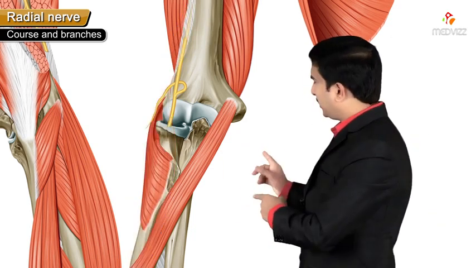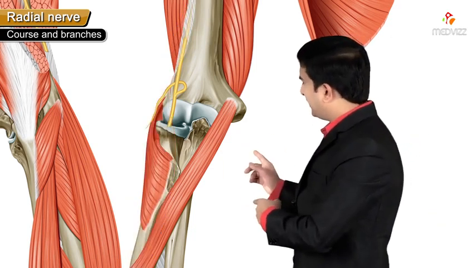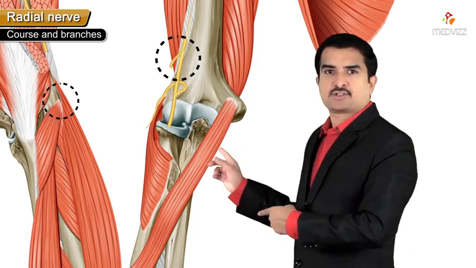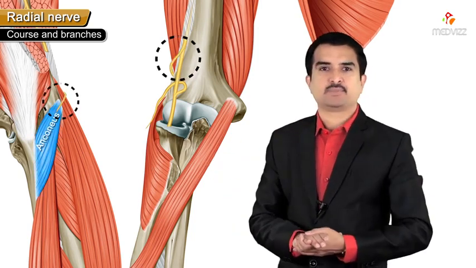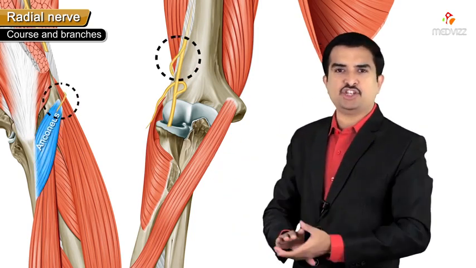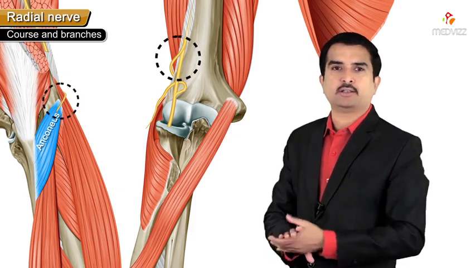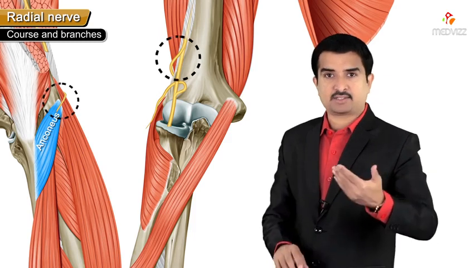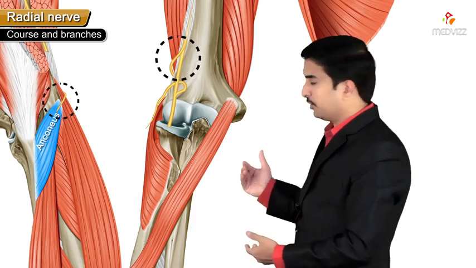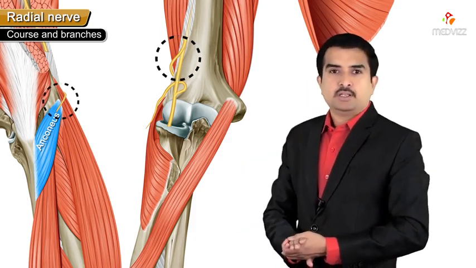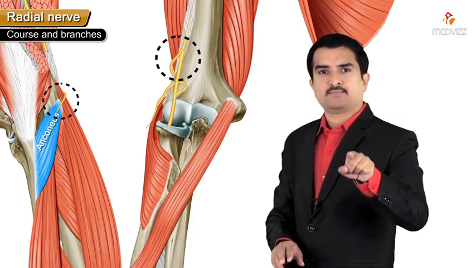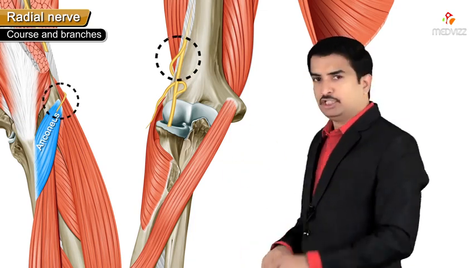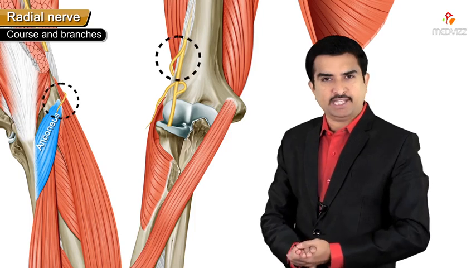At this particular location, the radial nerve also gives off a branch to the anconeus muscle, which is a small vestigial muscle that sits on the posterior aspect of the elbow and abducts the ulna in pronation of the forearm. So this anconeus is supplied by a direct branch of the radial nerve.